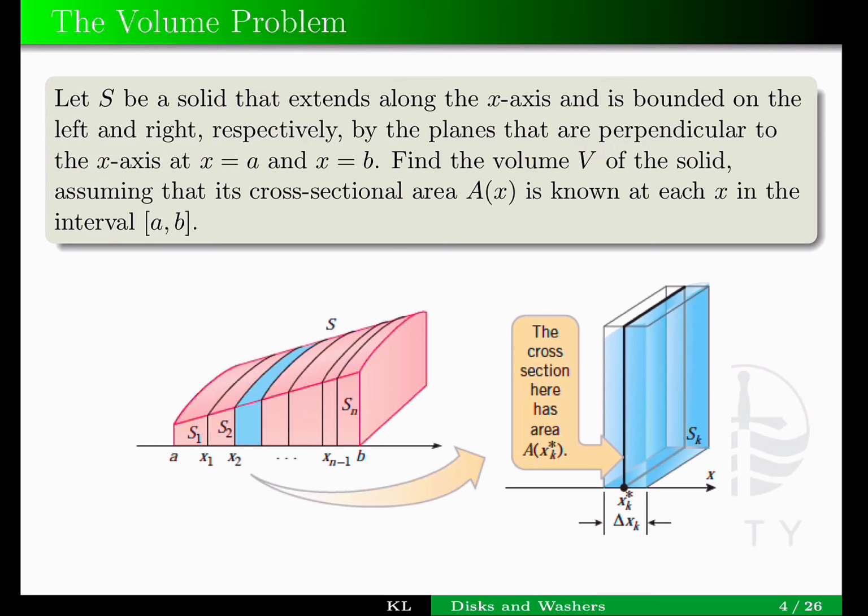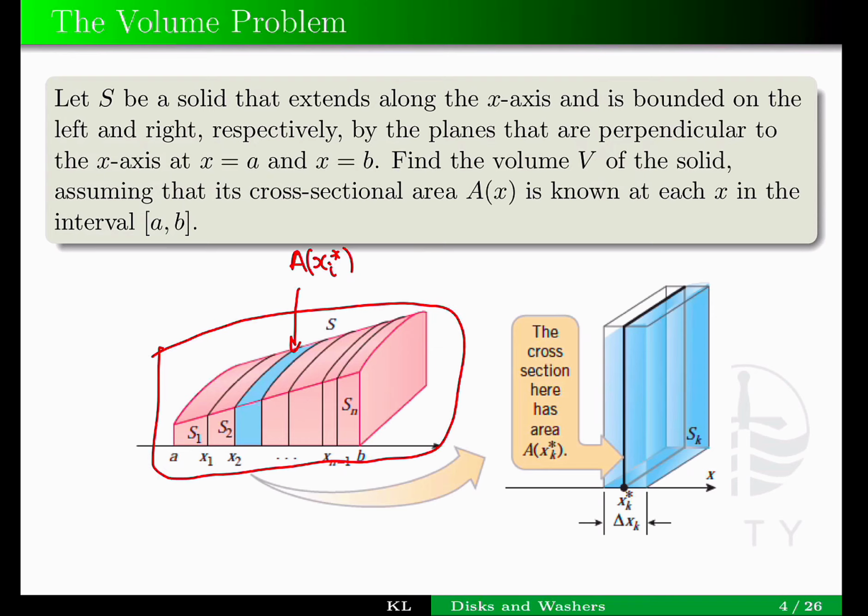What I mean is, suppose we have this particular solid here. Suppose we know that at a particular slab, or a piece, we know its area. Say the area at x sub i star.